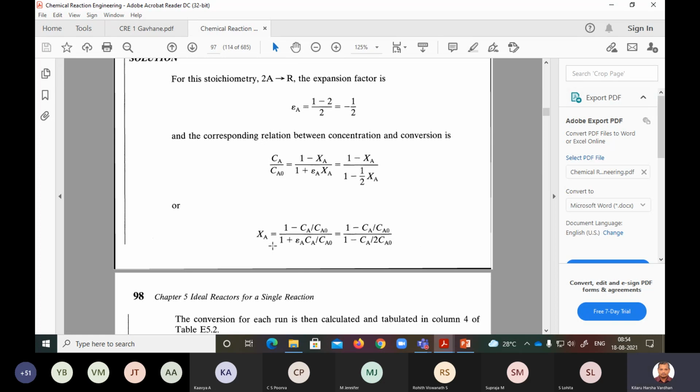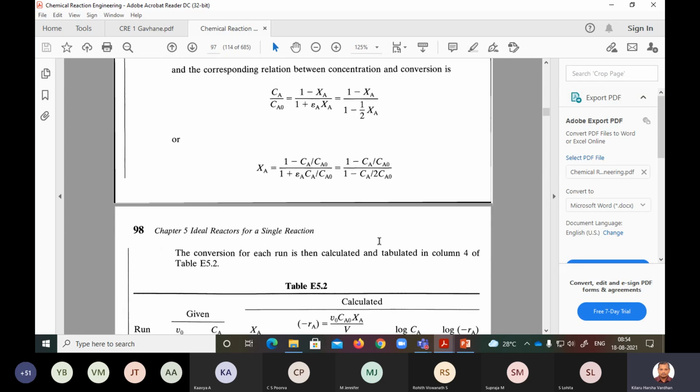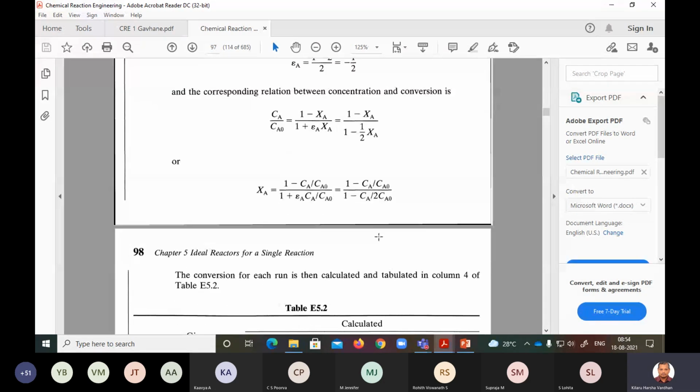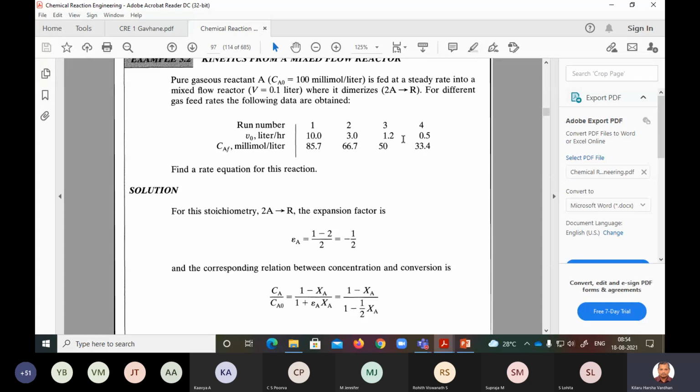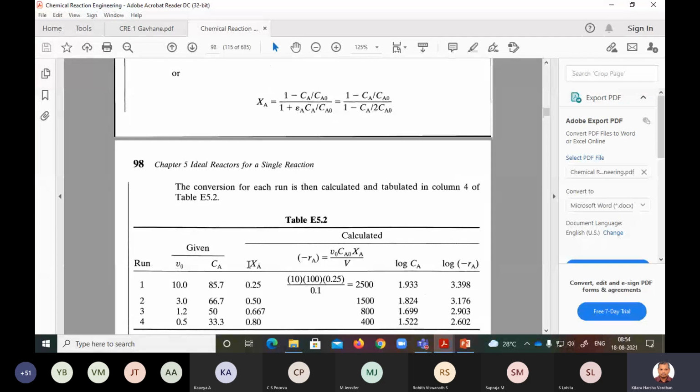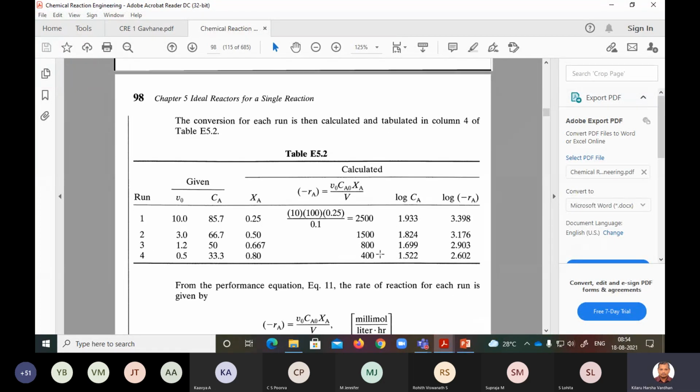I'm putting it with the conversion. Then what you have to do: he is giving you these runs. Whenever he is giving you experimental data like this, it is always better to draw a tabular column. So we know minus Ra, for a mixed reactor, what is the expression for a mixed reactor?